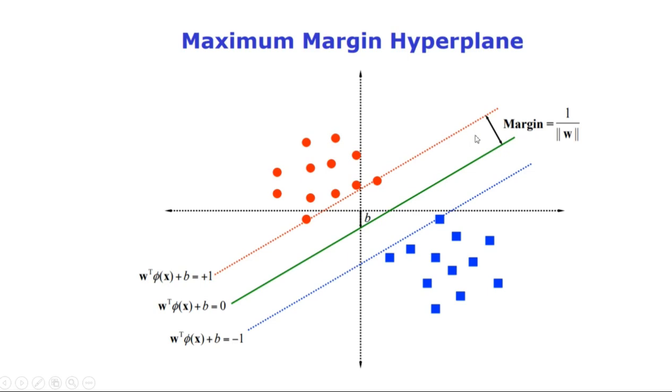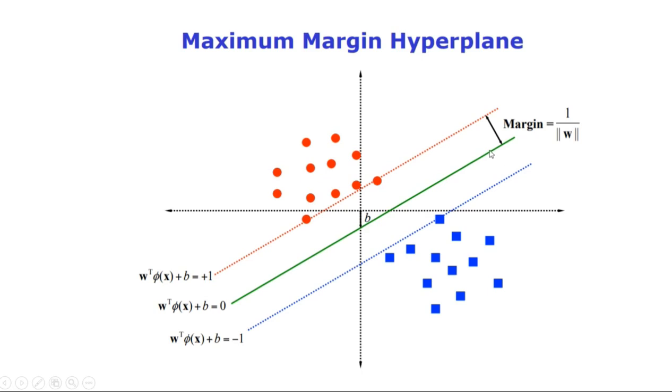So now your objective is, you should find a hyperplane, that means green line, in such a way that you have a large margin. This margin should be more. Similarly, the margin between this red plane and green plane is 1 by w.